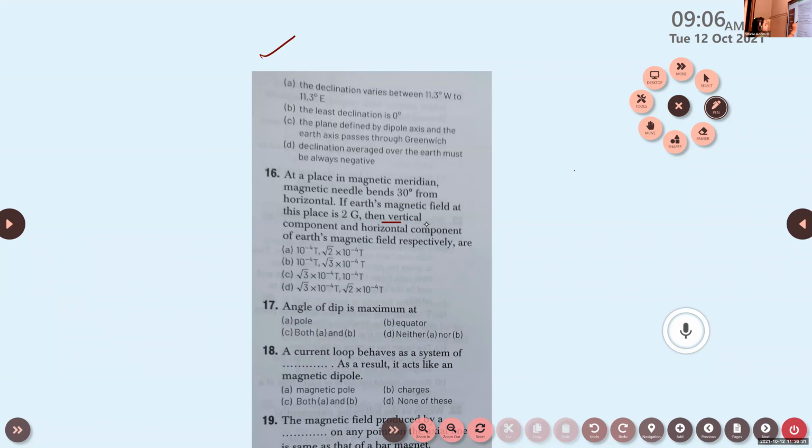Here we want to find out the vertical component first. Aryan, which equation can we use here in order to find out the vertical component of the earth's magnetic field?